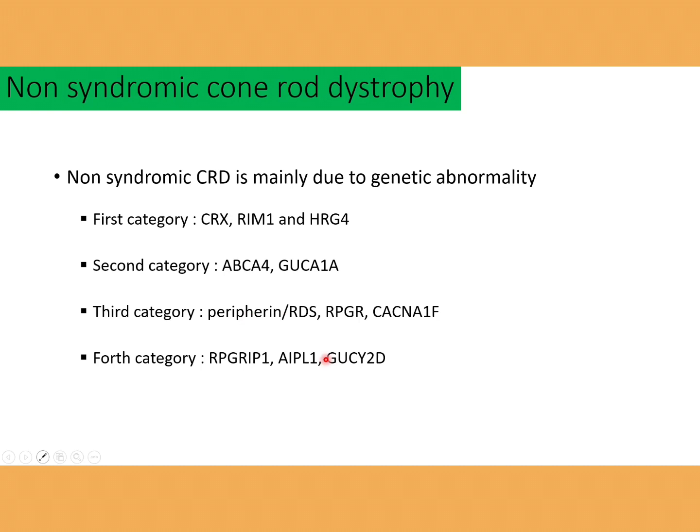These genes also cause Leber congenital amaurosis, and the GUCY2D gene causes a dominant condition of CRD. Overall, the genes mentioned in the slide are responsible for RP and other retinal dystrophy. It is also seen that in the same family, some members have retinitis pigmentosa and some have cone rod dystrophy.